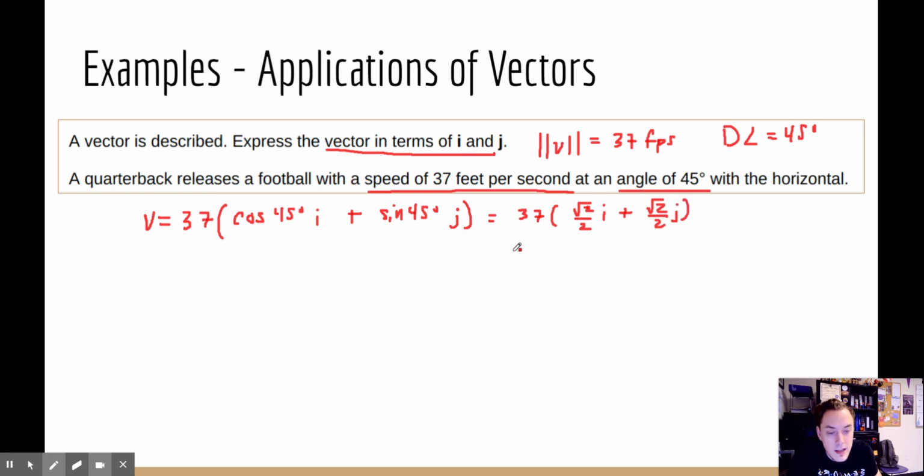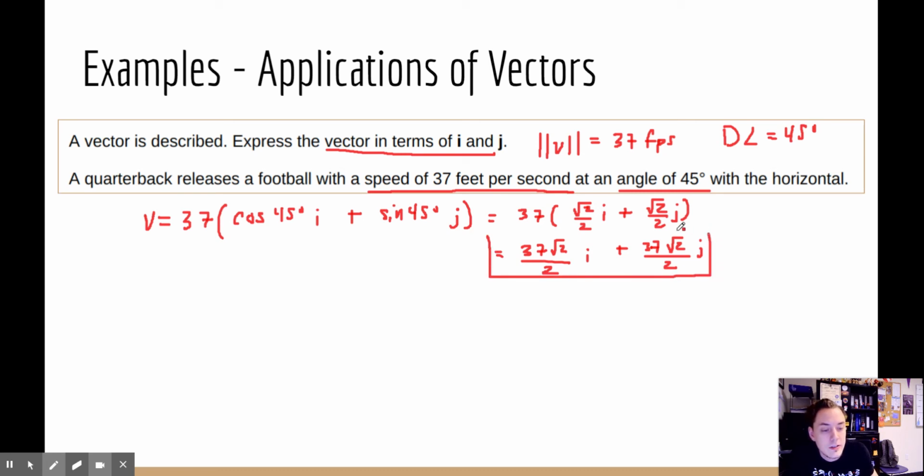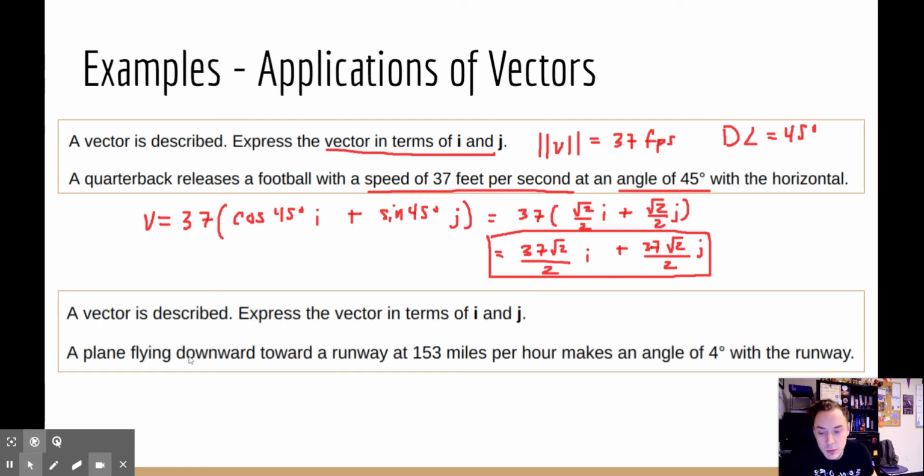So all together I have 37 radical 2 all over 2 i, plus 37 radical 2 all over 2 j. Sorry, it's being really slow. So this one's very basic, not too complicated, because they pretty much give you your magnitude and direction at the very beginning. Okay? Sweet.